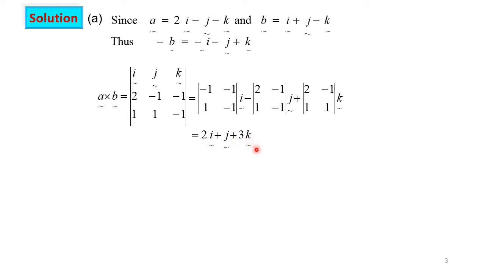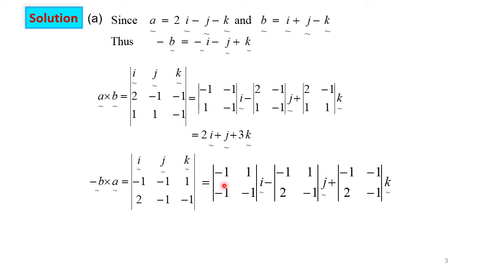plus 3k. On the other hand, the cross product of negative B with A. Notice that we start with negative B. So here is negative B: negative i, negative j plus k. So negative 1, negative 1, and then 1. And then vector A: 2, negative 1, negative 1. Then we expand, as I said, similar to finding the determinant.